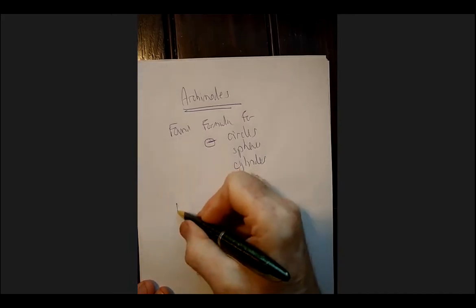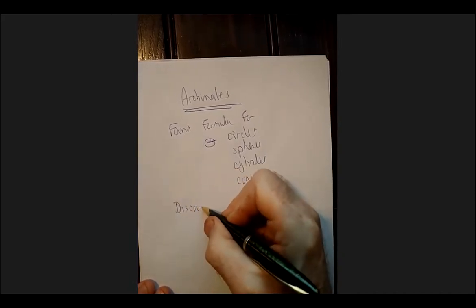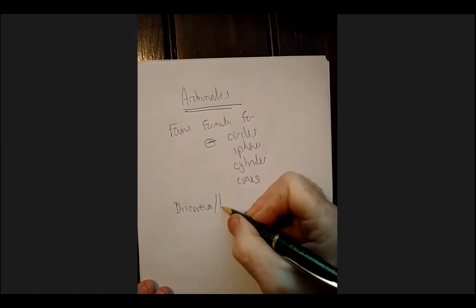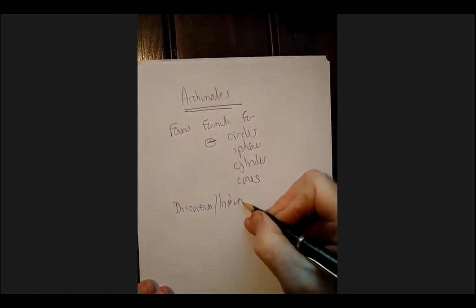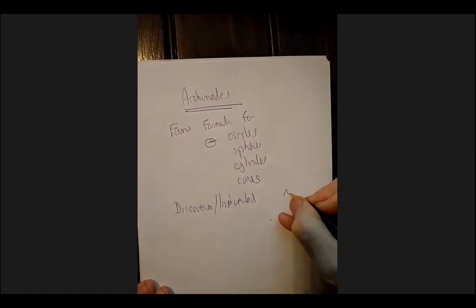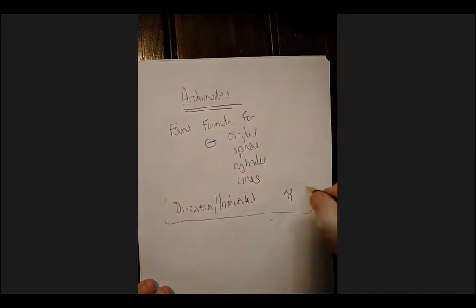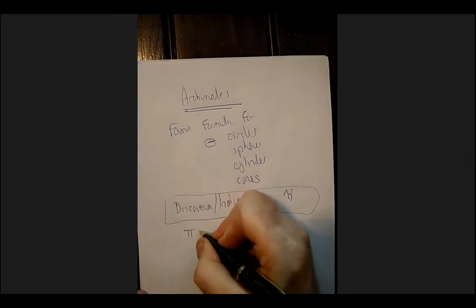And he discovered or invented, depending on your philosophical point of view, pi. So he was the one, as far as we know, that realized what pi was in the way that we would think of it.